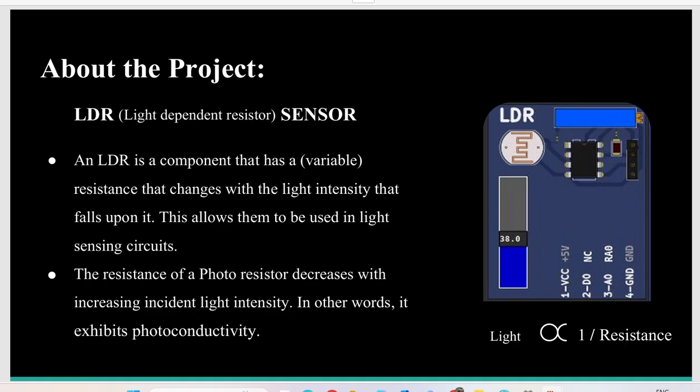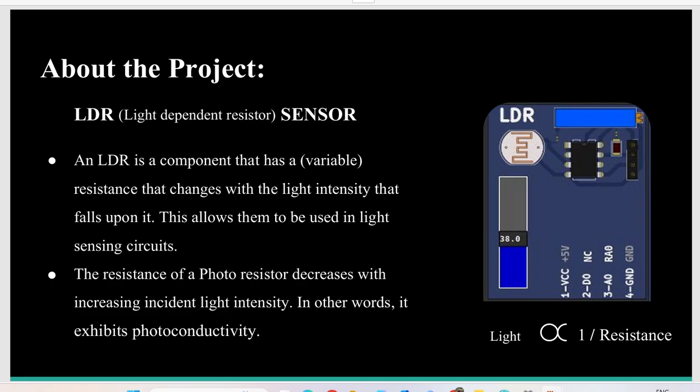And coming to the LDR, light dependent resistor, I already told. An LDR is a component that has a variable resistance that changes with the light intensity that falls upon it, which allows them to be used in light sensing circuits. Its resistance decreases with increasing light intensity.